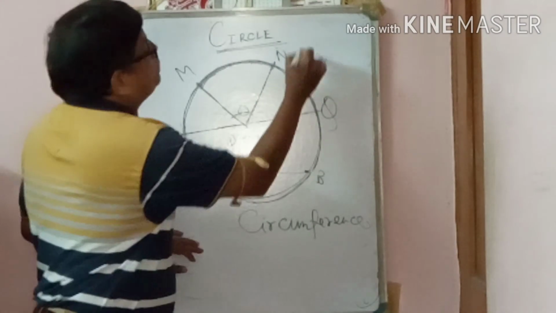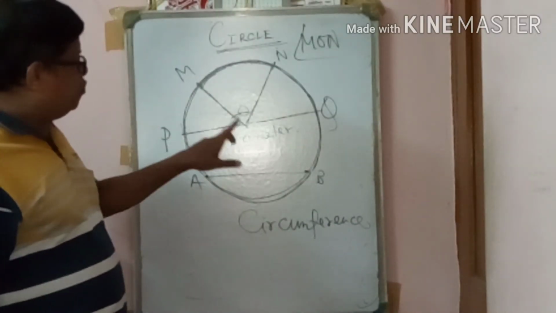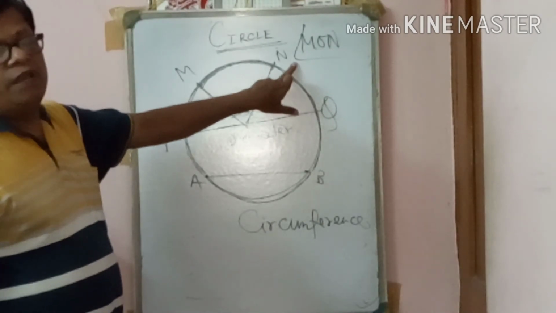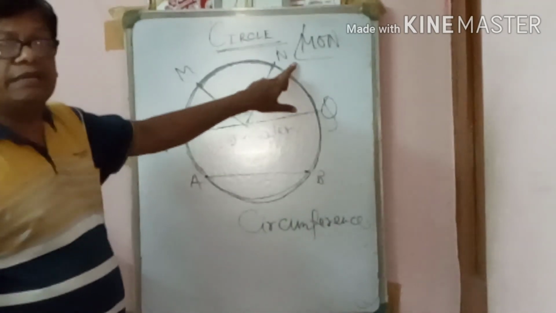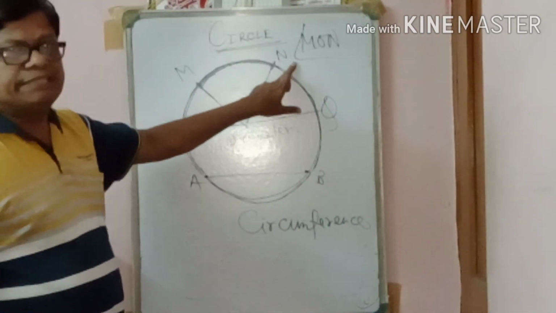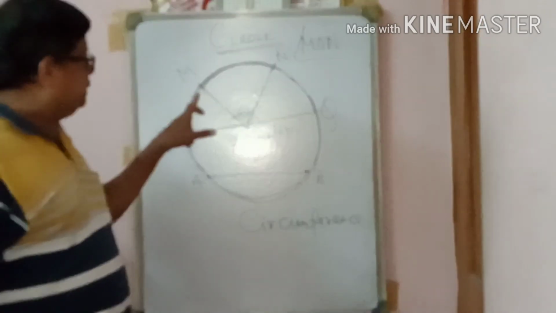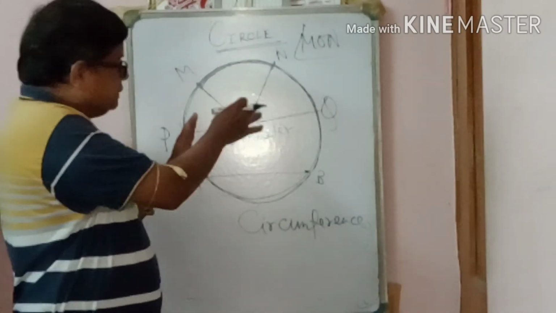If you write MON, MON is called the angle at the center or central angle. One relation is there, I will discuss later. Just keep in mind, an arc forms an angle at the center.